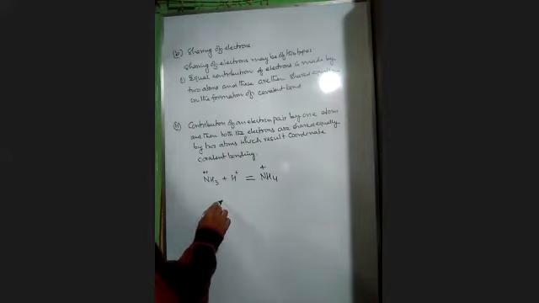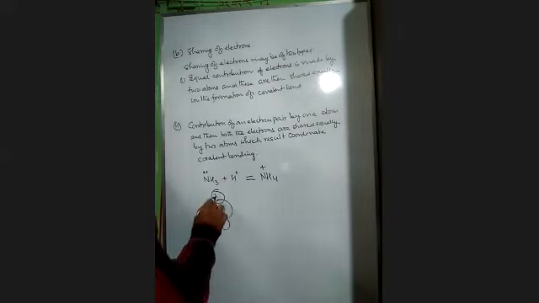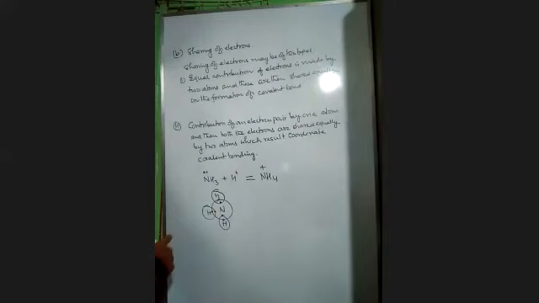See, now we know, see here, in this case nitrogen and hydrogen, the bond, hydrogen has given 1 electron, nitrogen has given 1 electron. So this is a covalent bond.